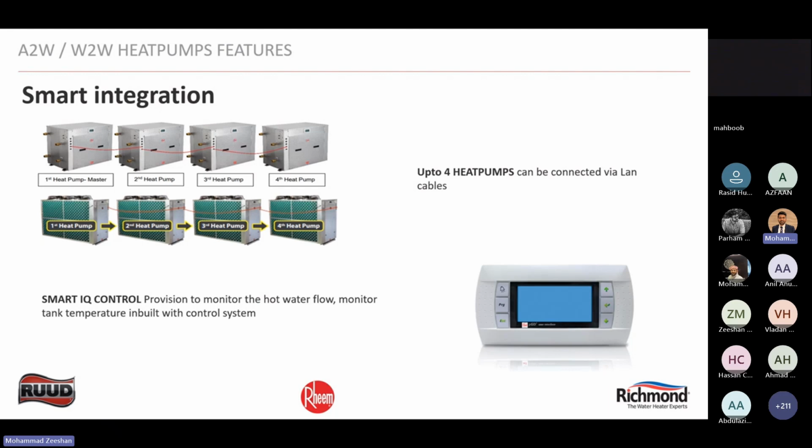Note that this is only applicable for single scroll compressor units. When you want to do a modular installation, you can use single compressor heat pumps. Whereas when you have multiple compressor systems, you have a different control system that we help our consultant friends design.